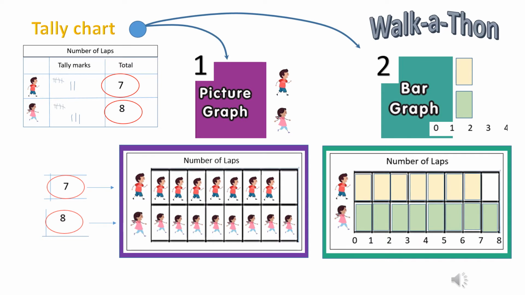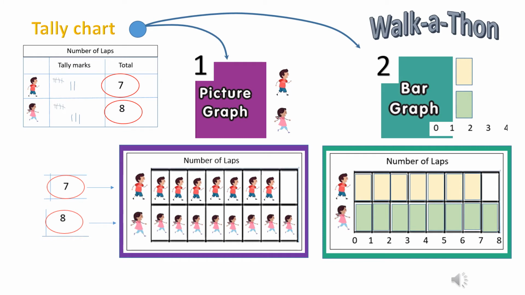If we look at the purple border graph first, the picture graph, you can count 1, 2, 3, 4, 5, 6, 7 pictures of the boy and 8 pictures of the girl. And that's how it gets its name, picture graph. So each one of the boys and each one of the girls represents 1 lap.